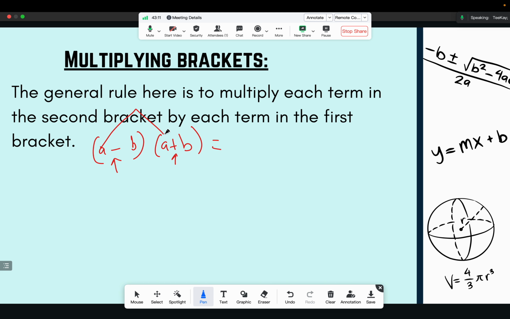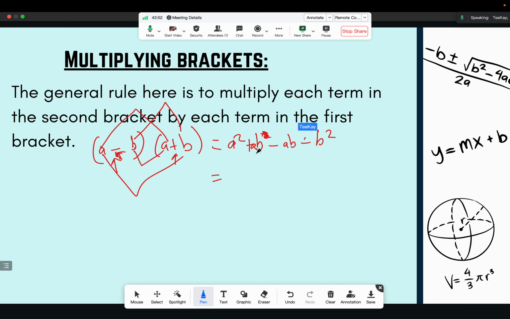We multiply a and a, we get a squared, and a and b, then we get plus ab. Then we have b and a, we have minus ab, because this b has a minus here. And then b and b, we also have minus, because this b has a minus here, so minus b squared.